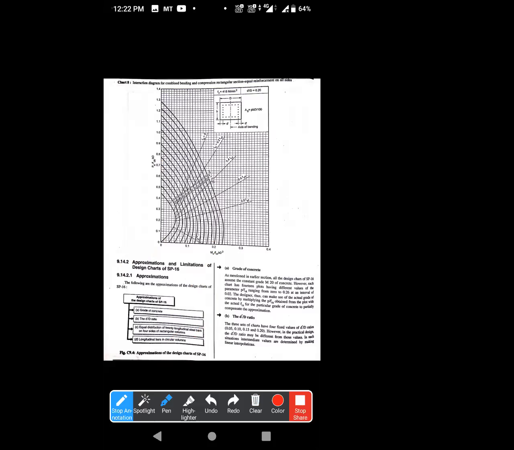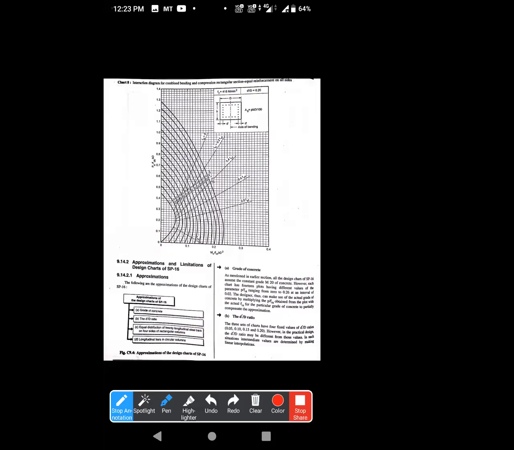Okay, see, grade of concrete. As mentioned in the earlier section, you know that for the design charts of SP16, the grade is assumed as constant M20 of the concrete. However, each chart has 14 plots having different values of parameter p upon fck ranging from 0 to 0.26, at an interval of 0.02.